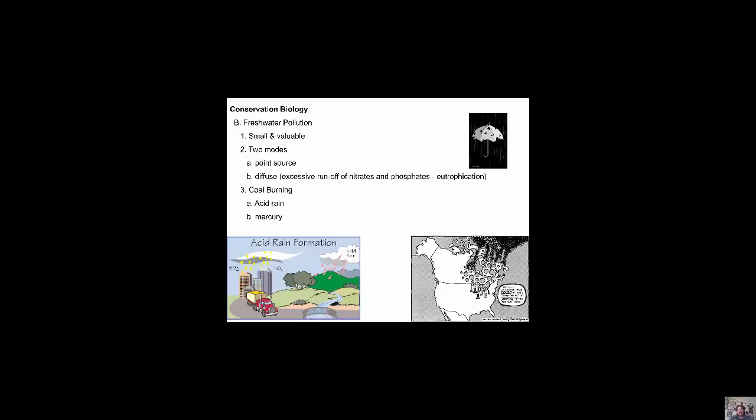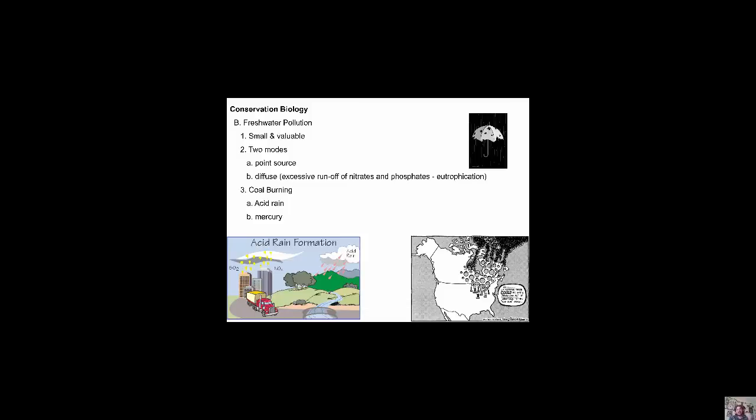This is really nasty because the smoke from burning coal gives off all sorts of awful products. So we just talked about mercury in the water, right? Biomagnifying in marine systems. Then we have acid rain. So sulfur oxide combines with water and produces sulfuric acid.